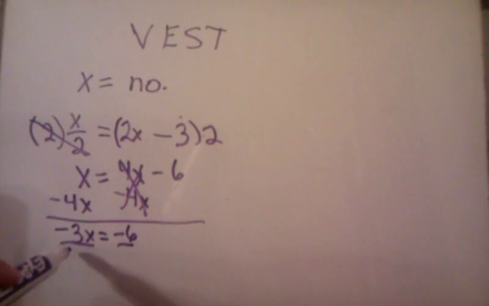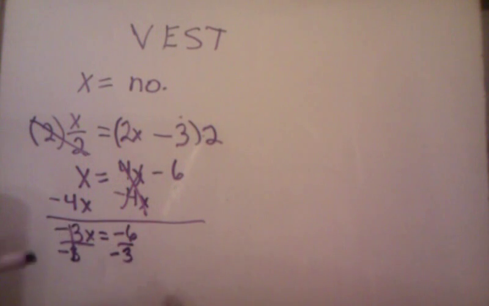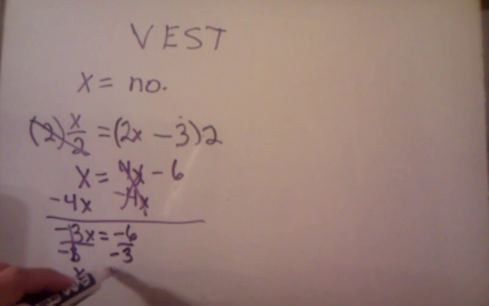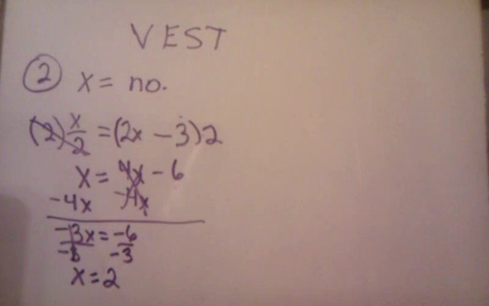To get rid of that negative 3, I'm going to have to divide by negative 3. Those are going to cancel out. X equals, if I divide integers and my signs are the same, the answer is positive. 6 divided by 3 is 2. So my number is 2.